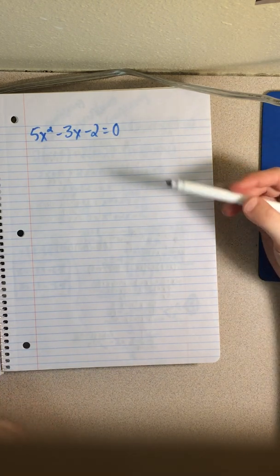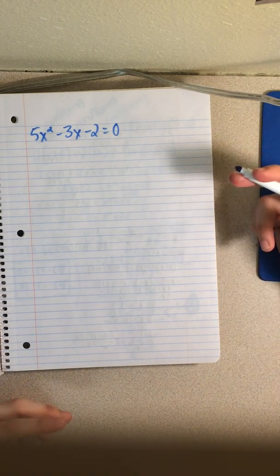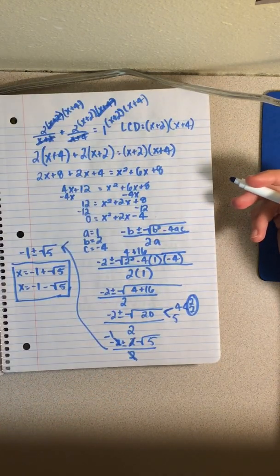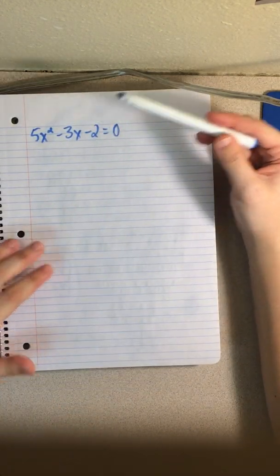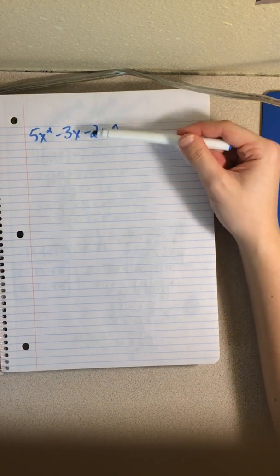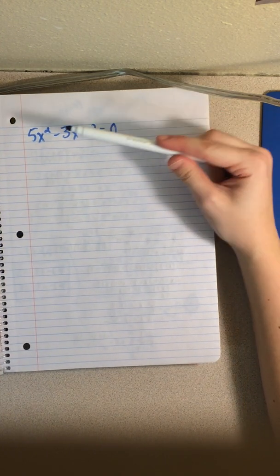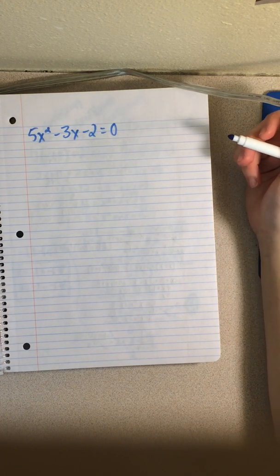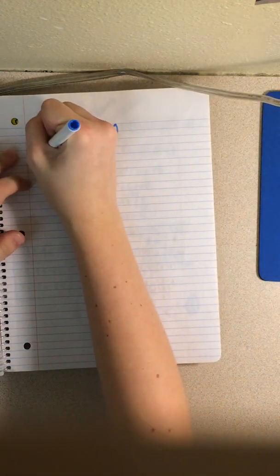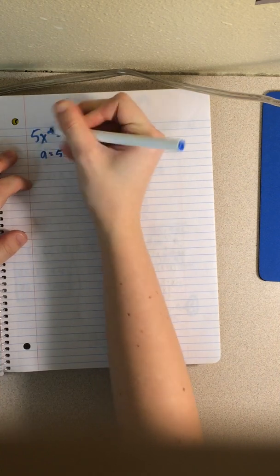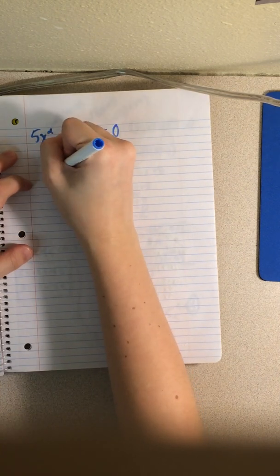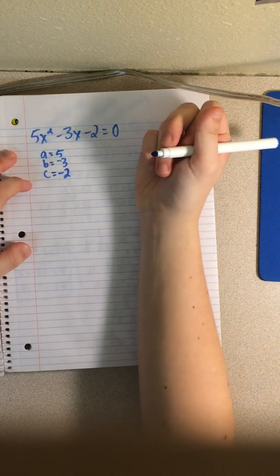But this also does not factor, because the 5's there and there's nothing that multiplies to negative 2 but adds to negative 3. So again, I will use the quadratic equation. A equals 5, B equals negative 3, and C equals negative 2.